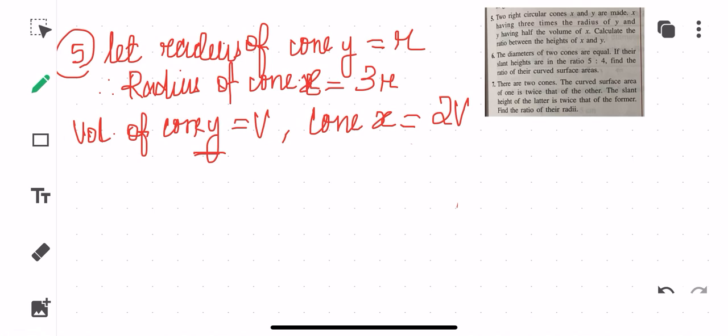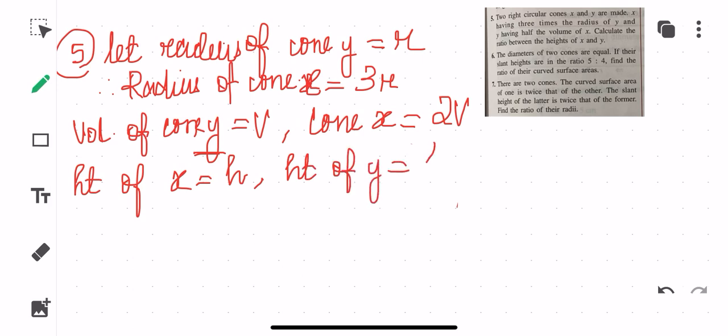Then you will be taking, let the height of x be h, since you are starting with x, and maybe you can take height of y as h1 or h dash. Okay, so these all things you have written.